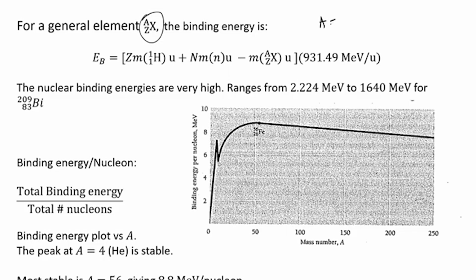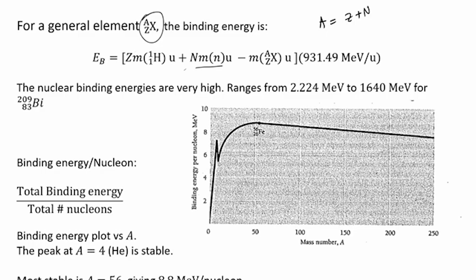Just to remind you that A is equal to Z plus N, where Z is the number of protons and capital N is the number of neutrons. So this is the neutron mass, and then there is the term for the mass of the atom, and when you multiply by 931.49 MeV per U, one gets some value. These values will be decided by knowing these masses and so on. So this is the binding energy for any general element.